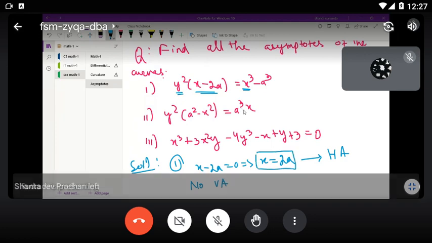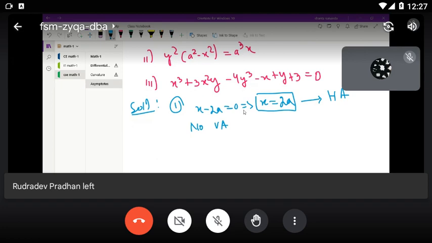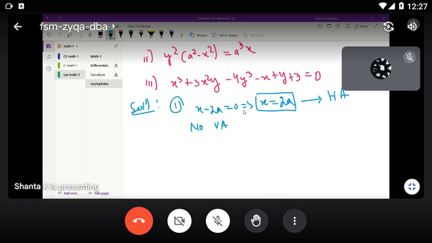Now you look for the oblique asymptotes. Try to find the oblique asymptotes.